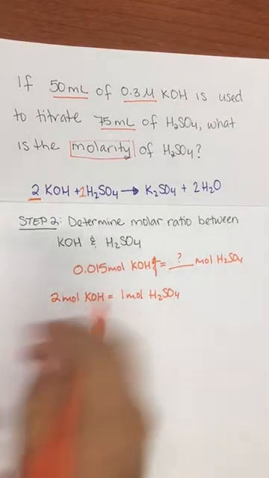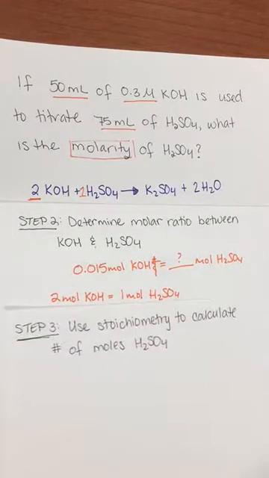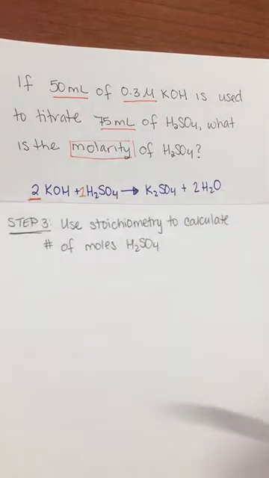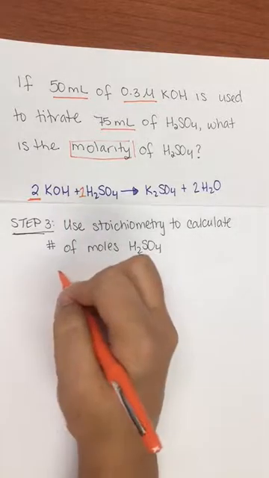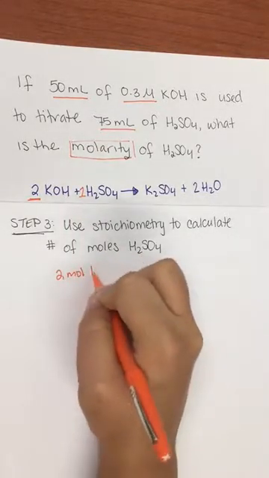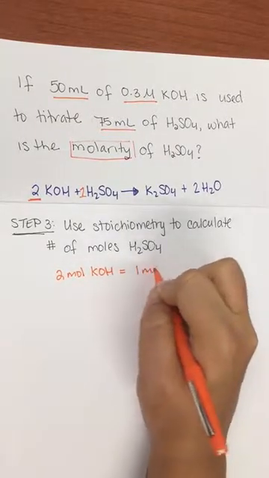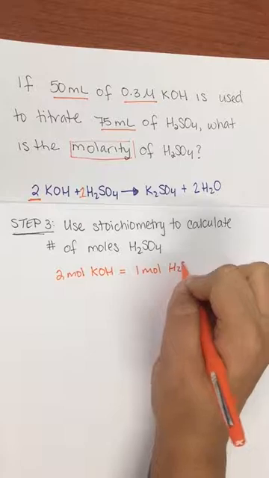Once I have the molar ratio, I can do my third step, which is to use stoichiometry to calculate the number of moles. So I had 2 mole KOH equals 1 mole H2SO4.